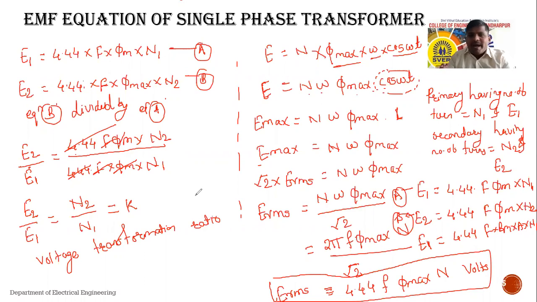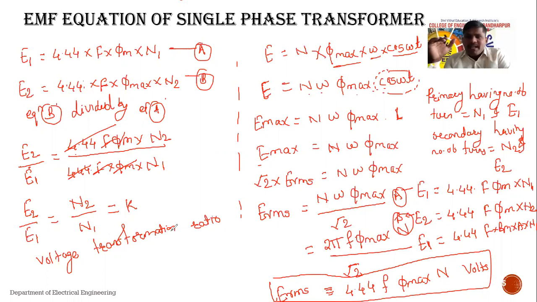In the ideal transformer there are no losses, right? In the ideal condition we are considering that there are no losses. So the supply voltage at the primary side equals the induced EMF at the primary side, because we are not considering the losses or voltage drop.